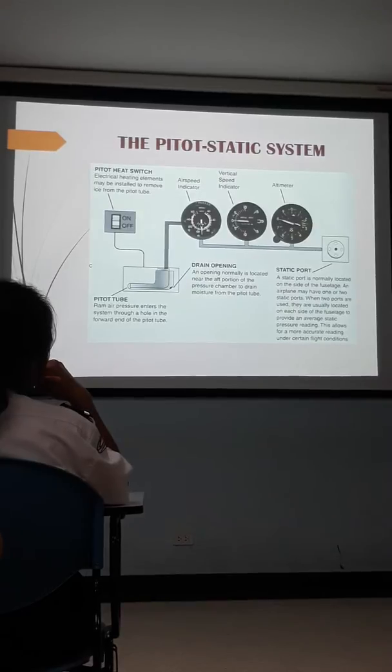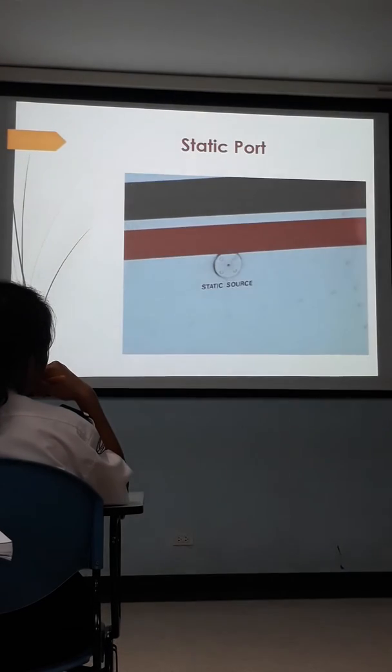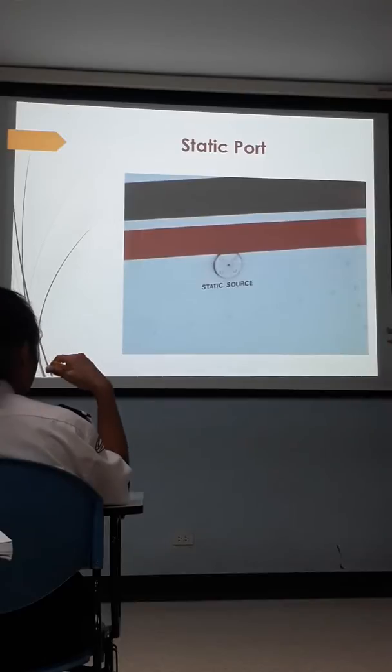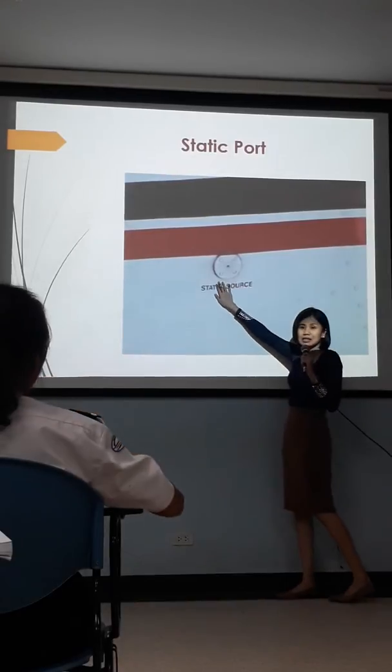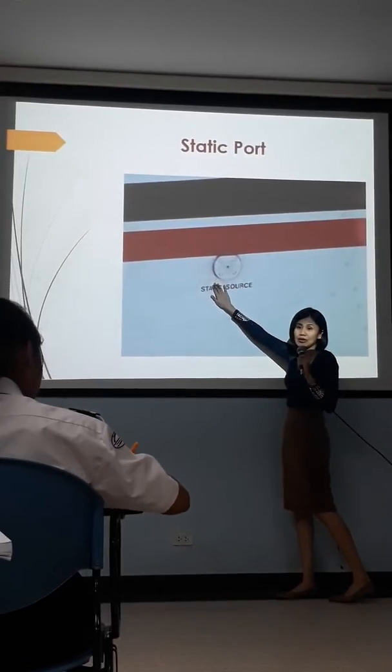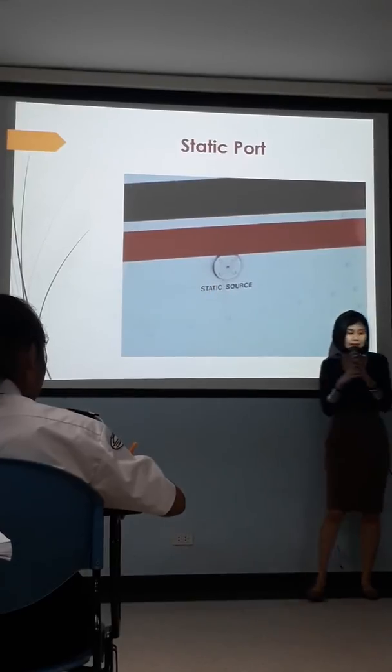When altitude changes, atmospheric pressure or static pressure changes too. This allows for more accurate readings under certain flight conditions. And this is where the static port is located, on the side of the fuselage, and we get atmospheric air or static air pressure here.